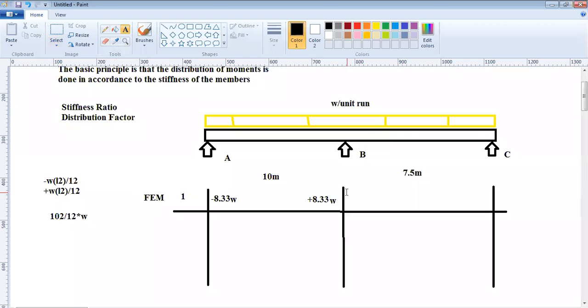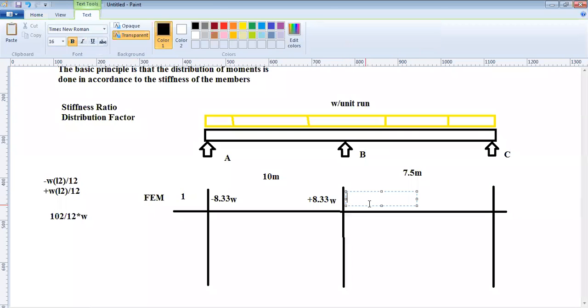What about BC? What will be the value? Minus WL square by 12. Now, how much is that? Minus W into 7.5 into 7.5 divided by 12. Any one of you who wants to answer? 4.687, sir.